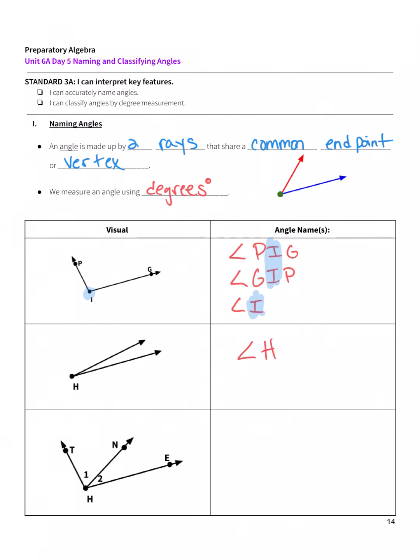Okay, now we get down to here and we got a couple angles going on. Remember, an angle is two rays that share a common endpoint. So let's see what angles are here. All right, we can see that. Oops, I'm going to highlight.